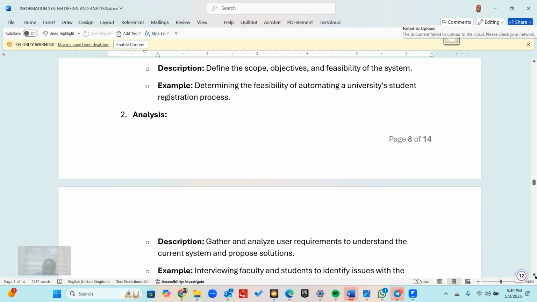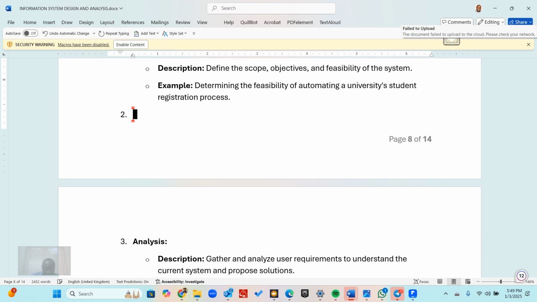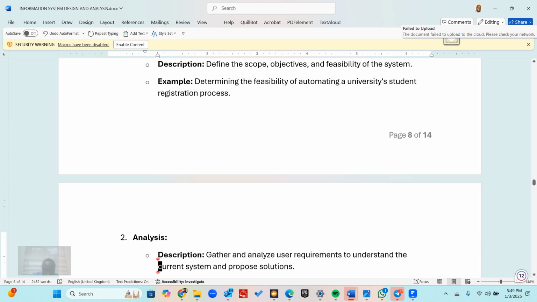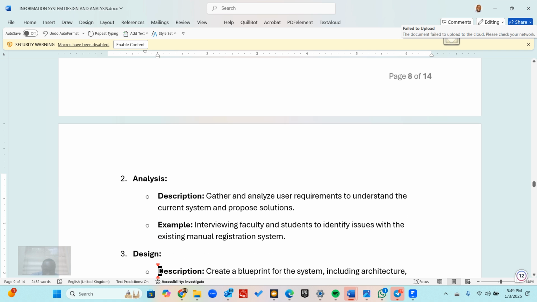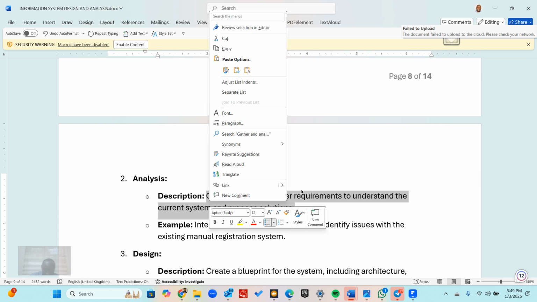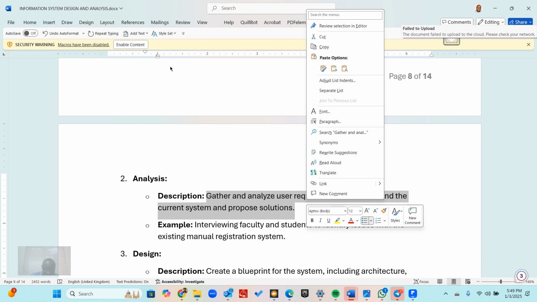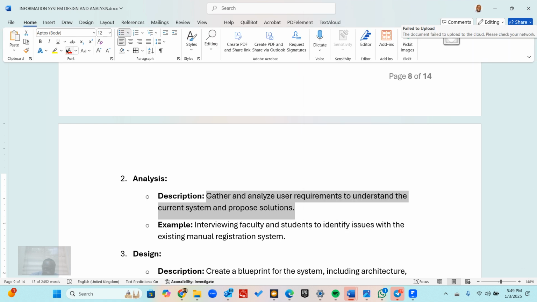That's the planning. Then analysis. When you talk of analysis here, you are talking about gathering and analyzing user requirements to understand the current system and propose solution, or to understand the type of system to develop and the problem it's going to solve.